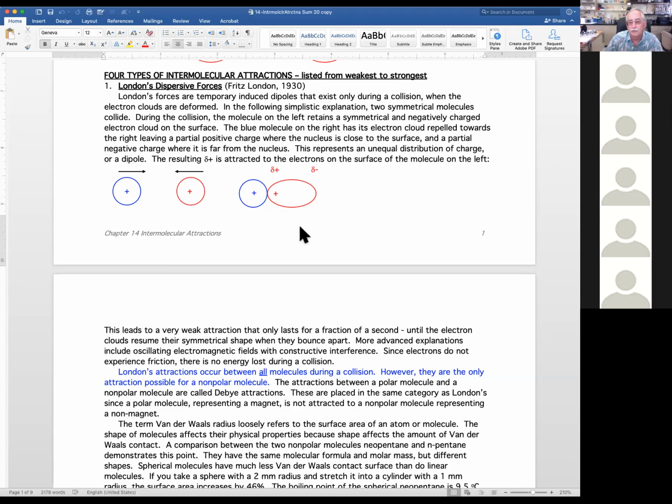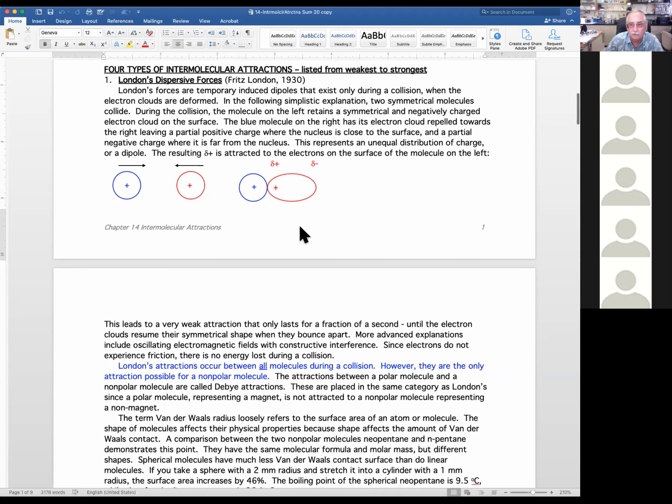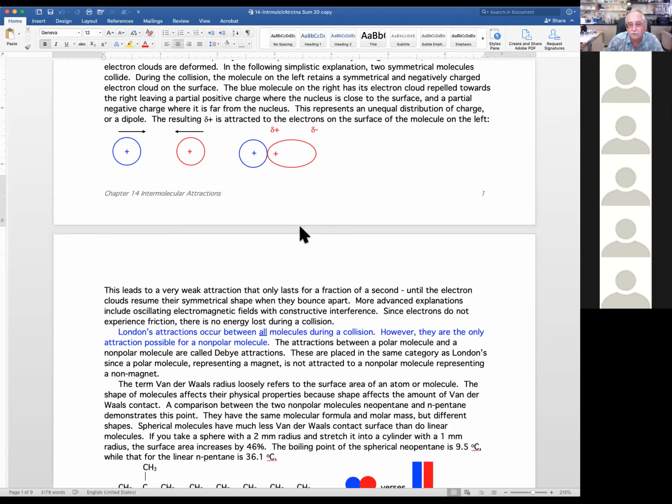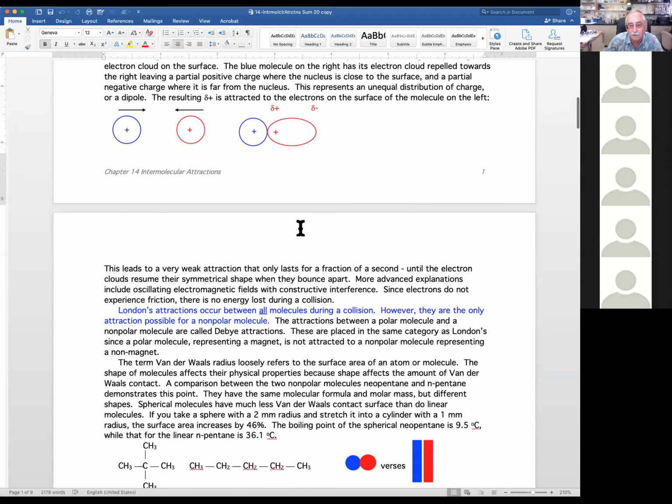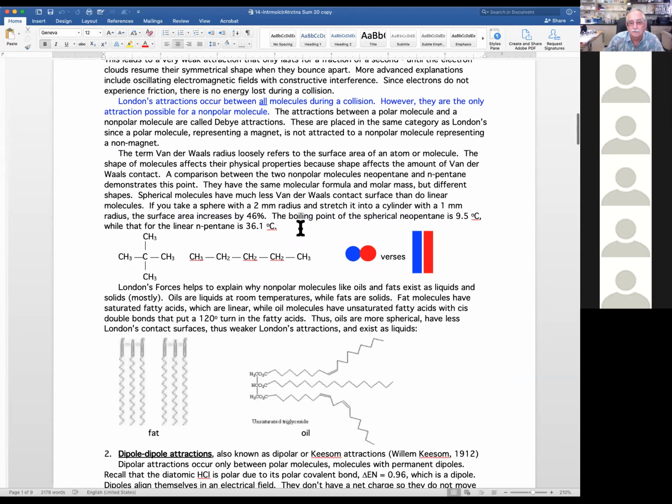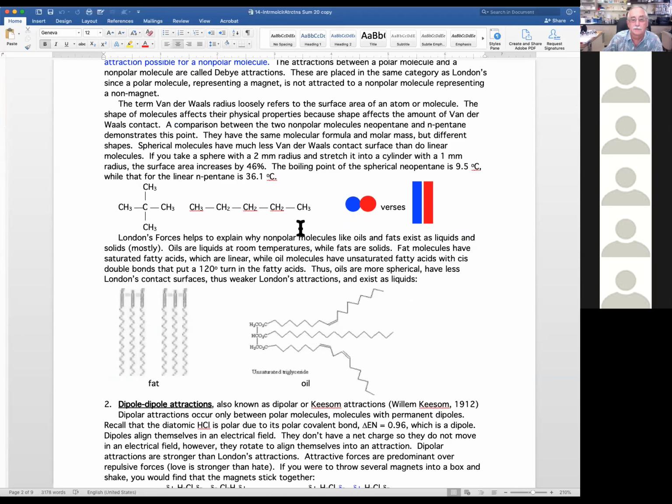But they're extremely weak, and the reason they're important is that if you are a non-polar molecule, this is the only attractive force you will ever experience. And just to show you how important it can be, this I took from organic chemistry textbooks.